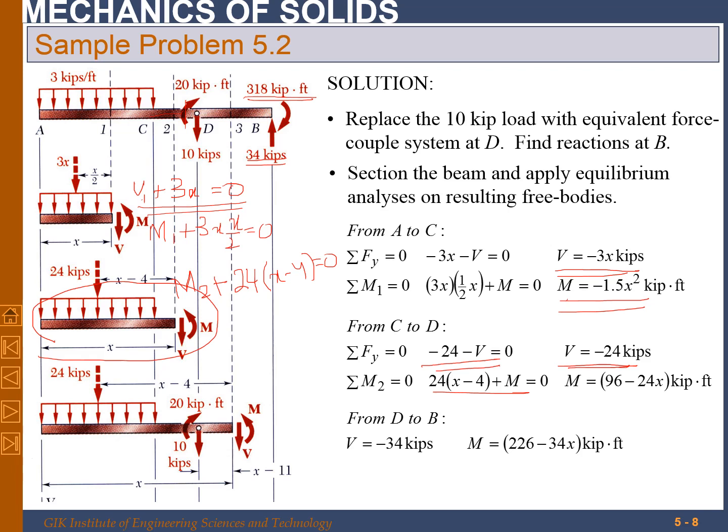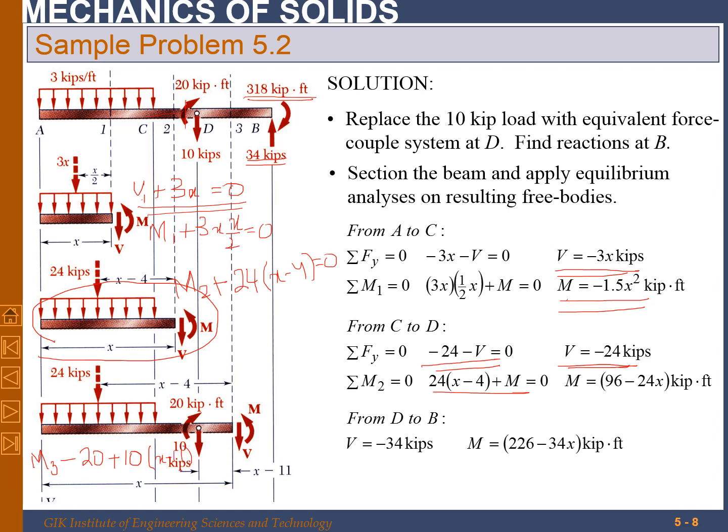let's take M3 minus 20 kilopound feet plus 10 kilopound force, and the distance will be x minus 11. This whole distance is x, so I can write x minus 11.